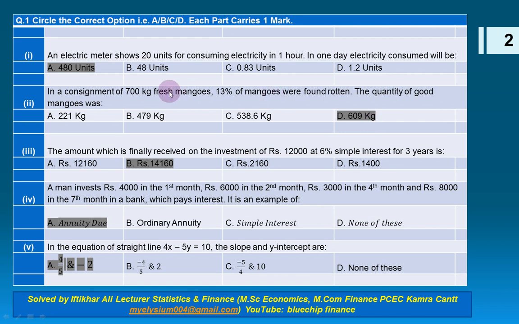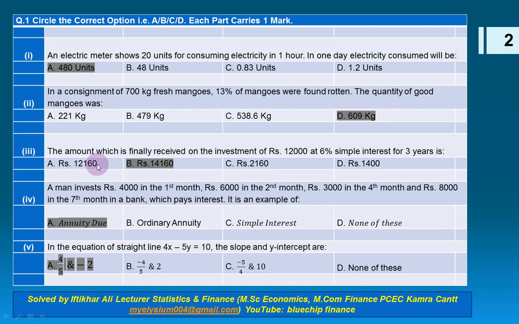It is simply the case of percentage, just calculate the 13% of 700, or you can say 700 multiplied by 0.13, and 13% are rotten, and just subtract the rotten mangoes out of 700, remaining are good mangoes. Those are 609 kg.